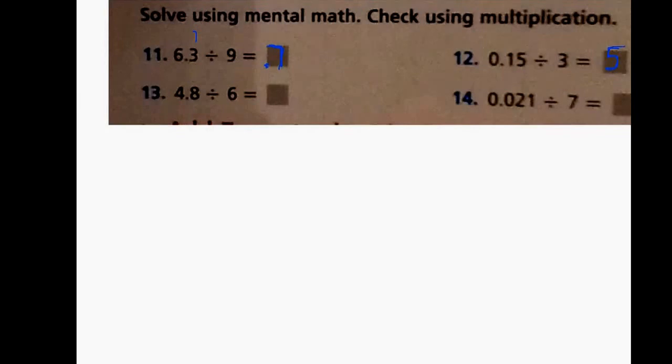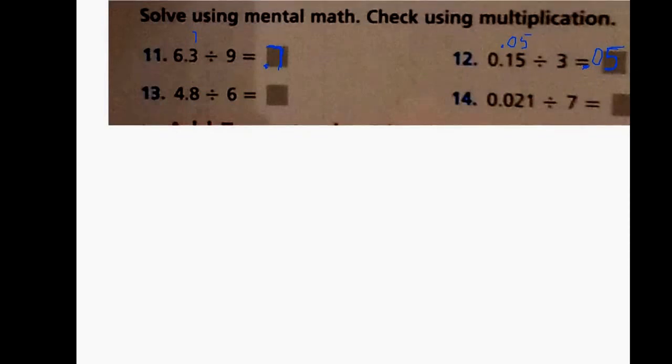Again, that 5 is going to go above the 5 when we set it up in a division problem. Notice there's a space and then the decimal, so we have 0.05. That 0 is going to come from that one spot. So there's 2 decimal places in that one.